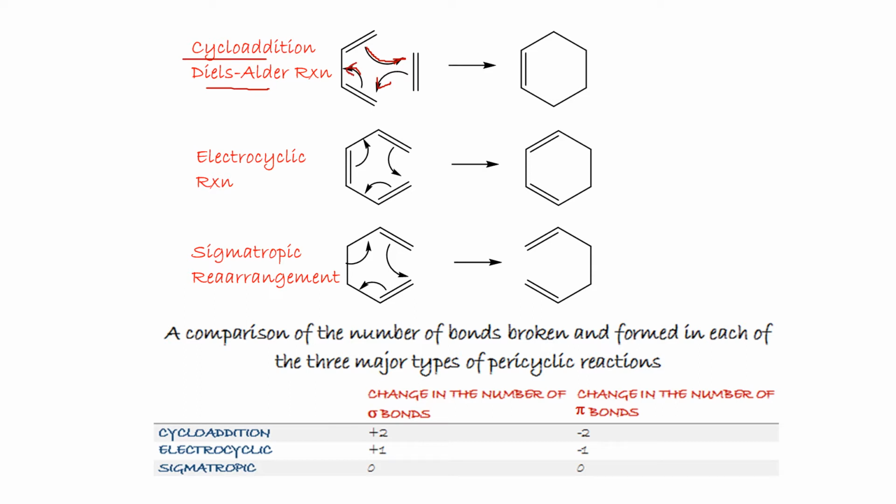So as we can see here, we have one pi bond, two, three pi bonds. We end up with a cyclic compound with only one double bond. So we lose two double bonds and form two sigma bonds.